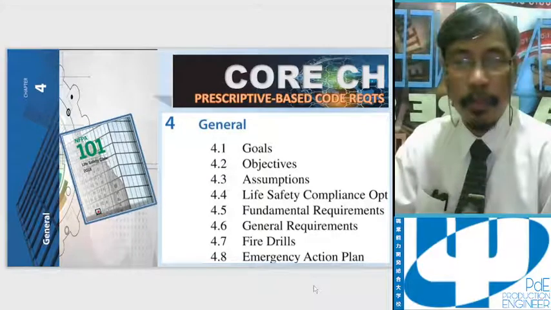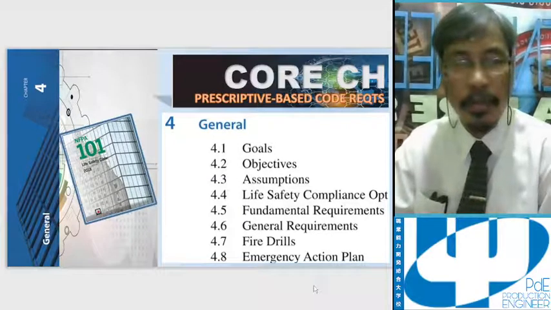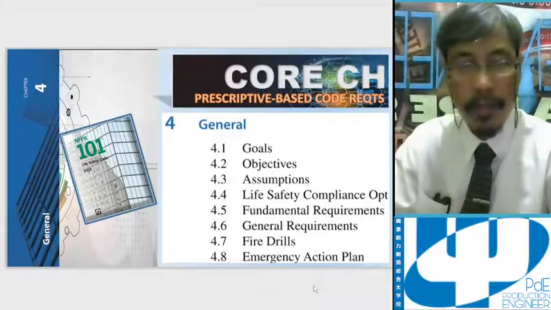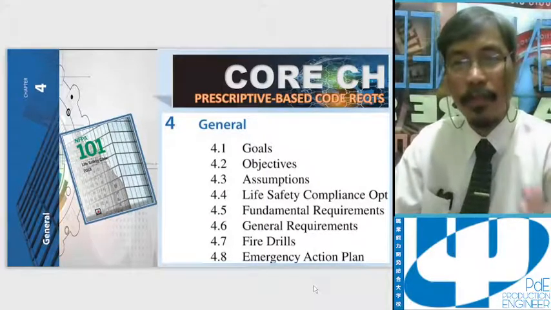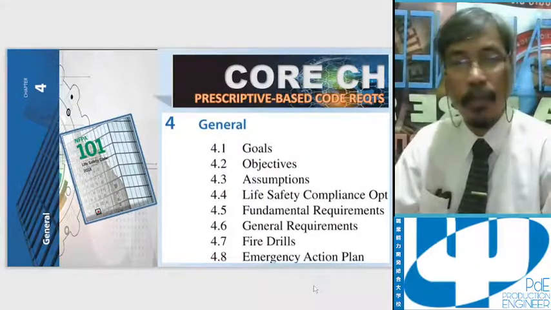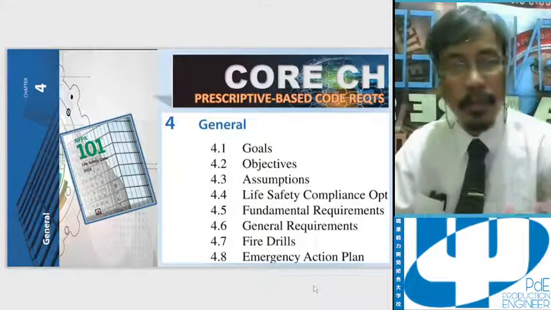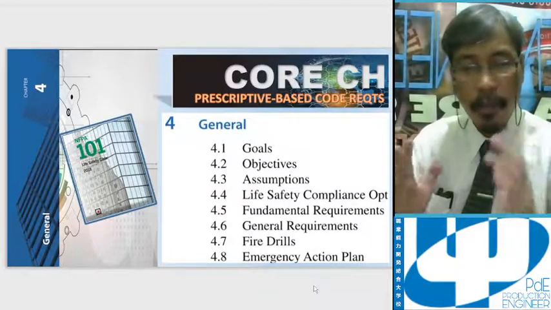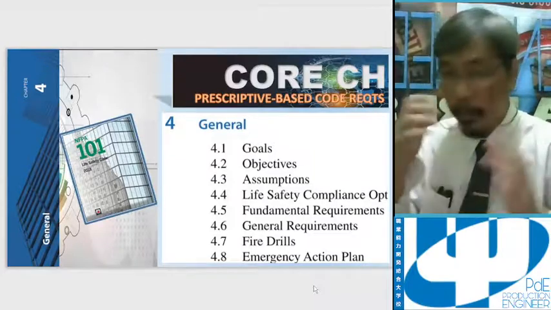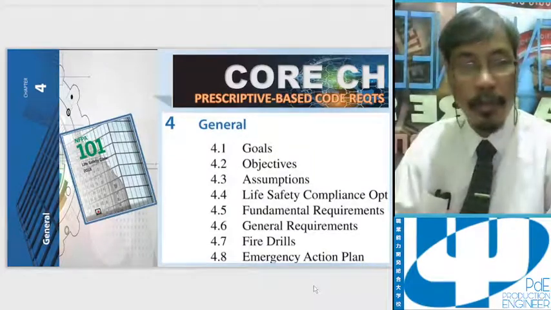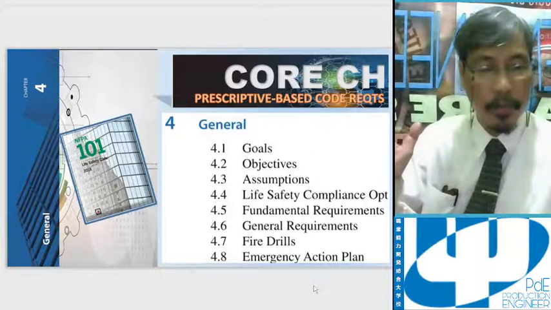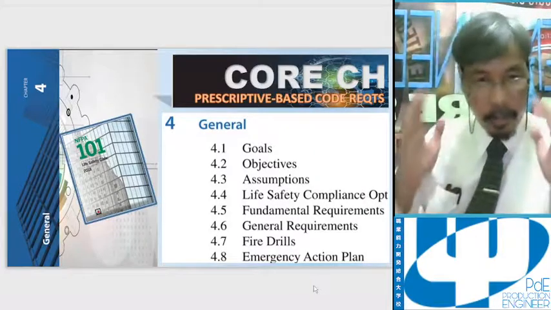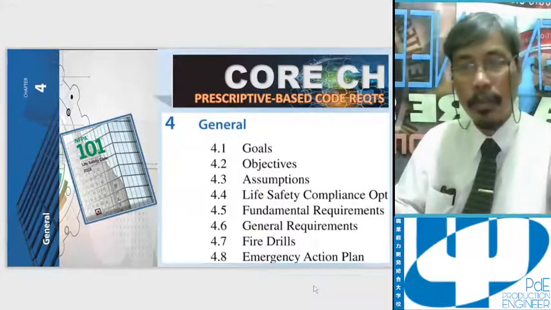Goals, objectives, assumptions. Those are very relevant points of discussion for every user of the code, to avoid confusion. So we are focused on the goals, objectives, and what the assumptions are.